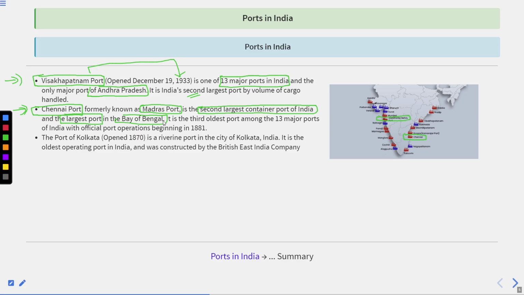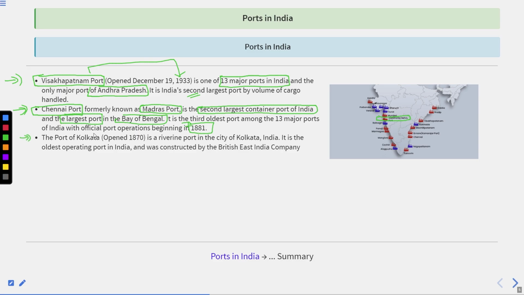It is the third oldest port amongst the 13 major ports of India, whose port operations officially began in 1881. So we can say the Chennai port developed during the British time when they were developing Chennai and the area of Tamil Nadu as the Madras Presidency.